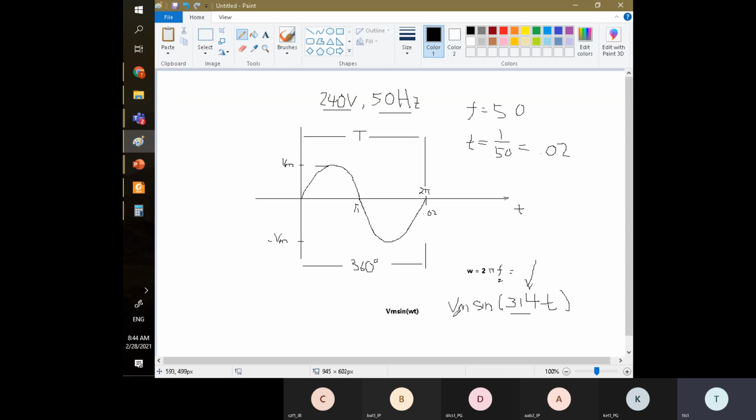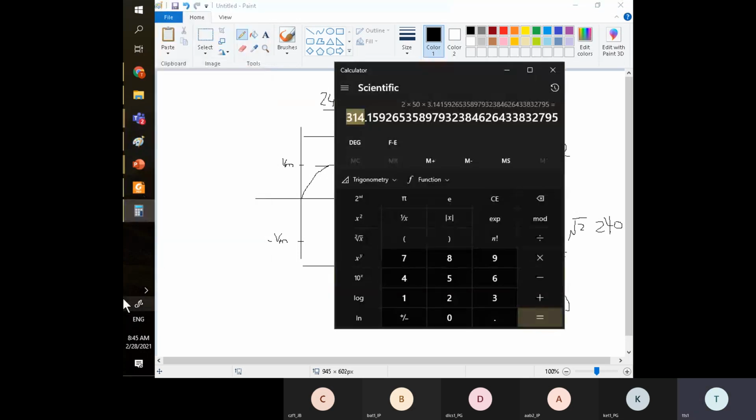Okay, and let's work out the Vm. So in Malaysia it's a VRMS, this 240. So the Vm should be higher, right? Vm should be higher than this 240. Vm is the maximum point. So the Vm for Malaysia is square root of 2 for single phase times 240, which is 339.